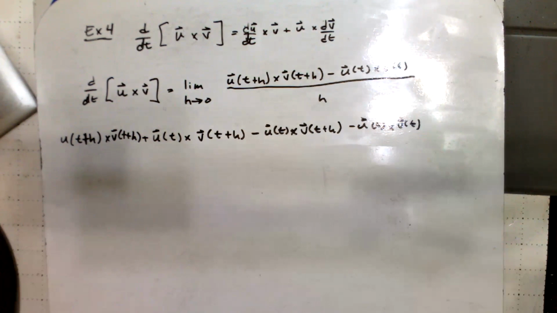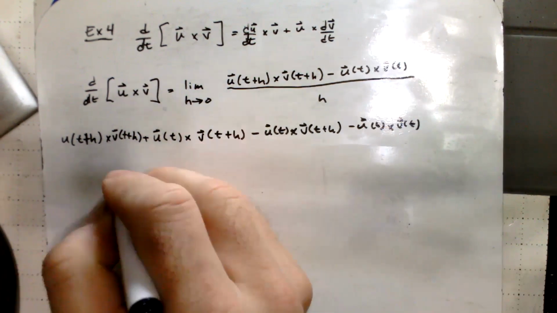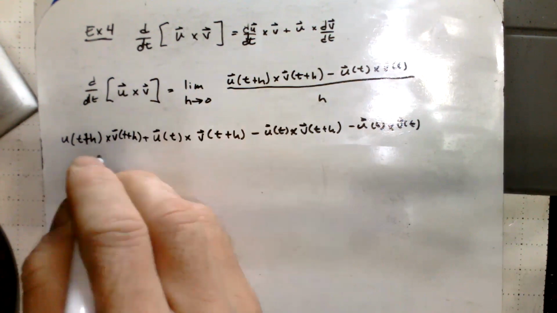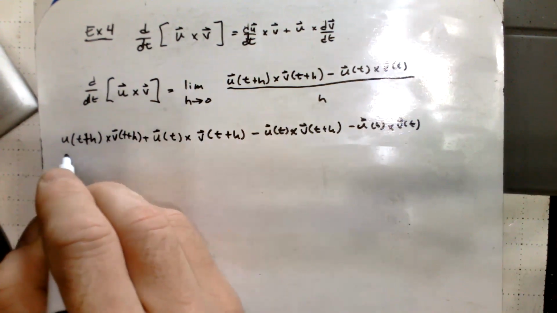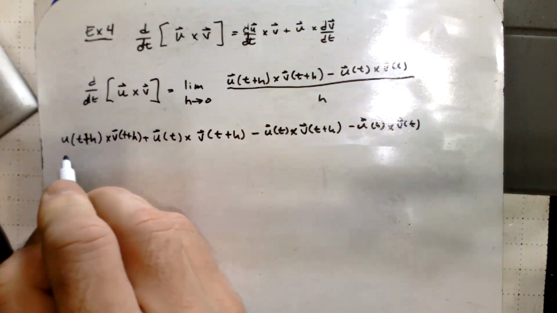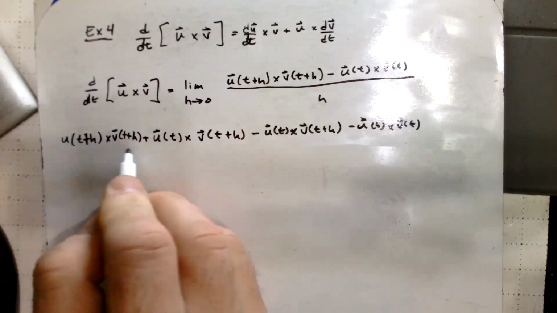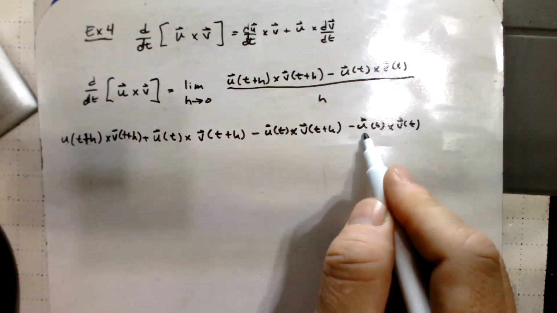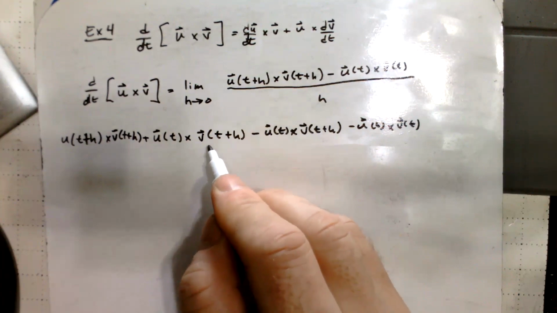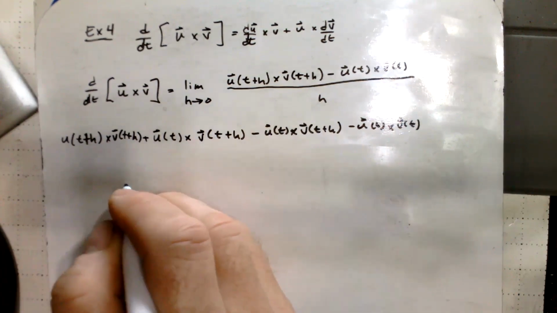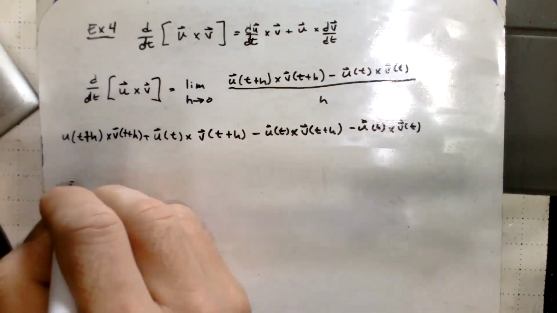then by the property of the cross product, I can simplify this and regroup some things. So this quantity here and this quantity, I'm going to group together with the limit, and that's going to go with that term there. Okay, so I think it'll be easiest to see if I just write it out.